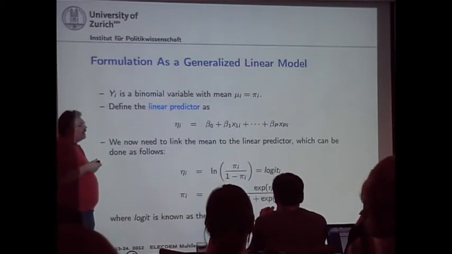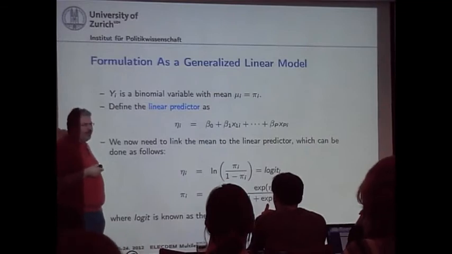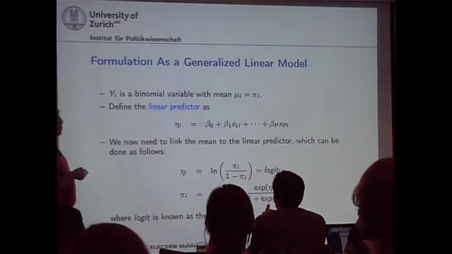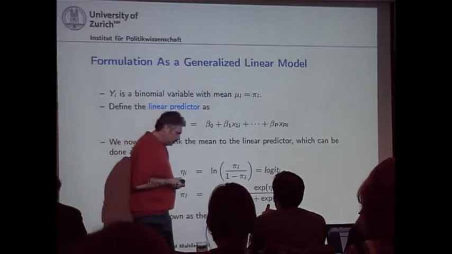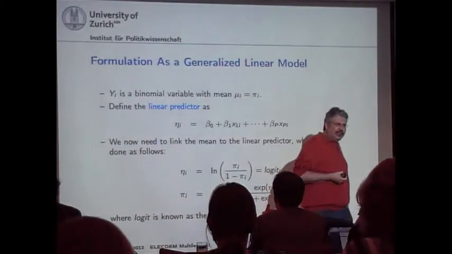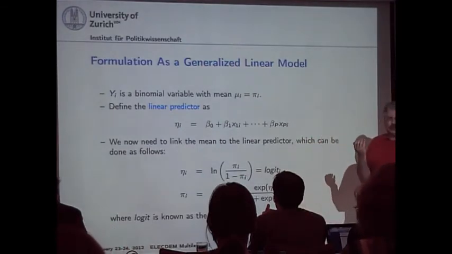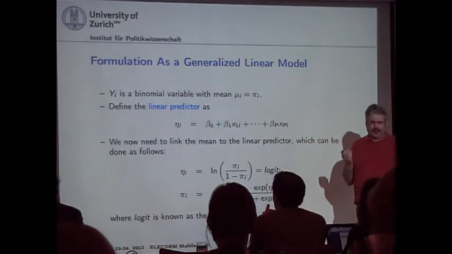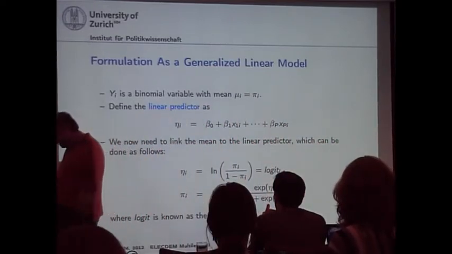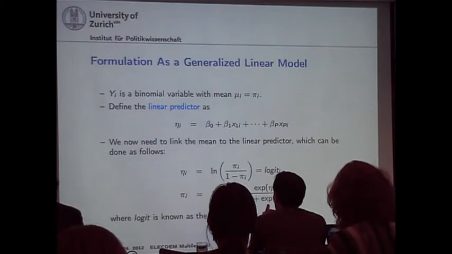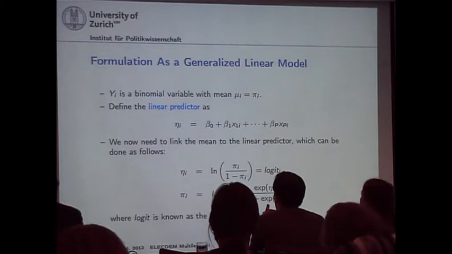We have our dependent variable, and it has a distribution, which in this case is the binomial distribution. Strictly speaking, it's a Bernoulli distribution, but the Bernoulli is just a special case of the binomial. That's something we need to know, because when we get to the machinery, we want you to specify the distribution.